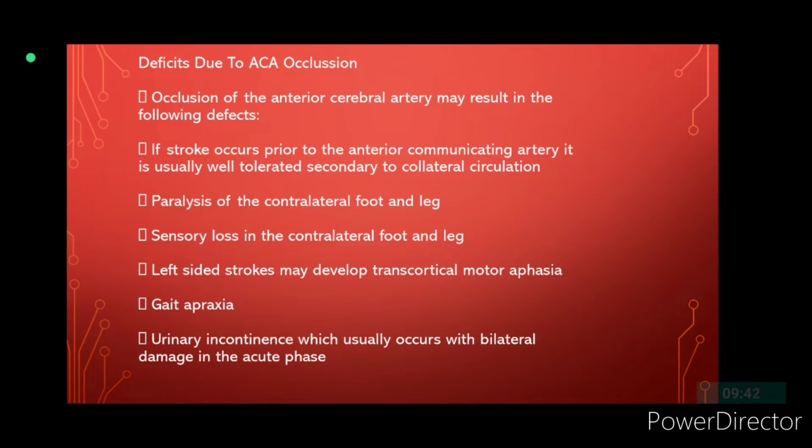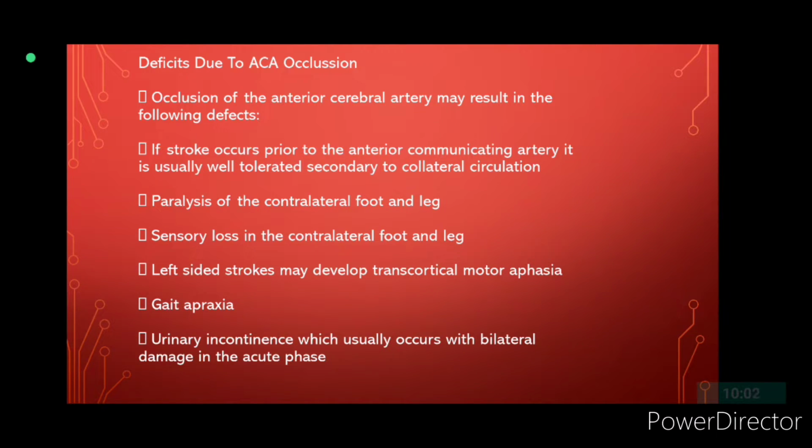Second point: paralysis of the contralateral foot and leg. Third point: sensory loss in the contralateral foot and leg.